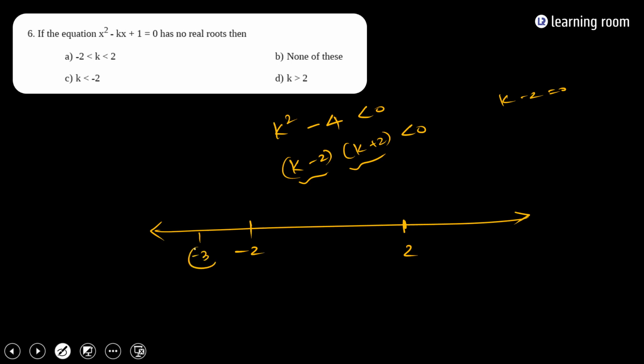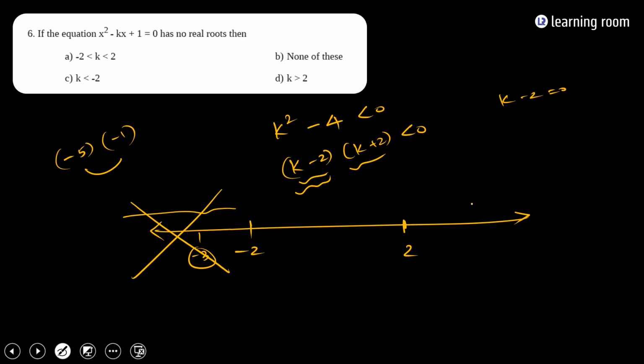I can take minus 3. If I substitute minus 3 here, I'm getting minus 5 into minus 1. Minus into minus, what is it going to give me? Plus 5. So I should not substitute any value on the left of minus 2.